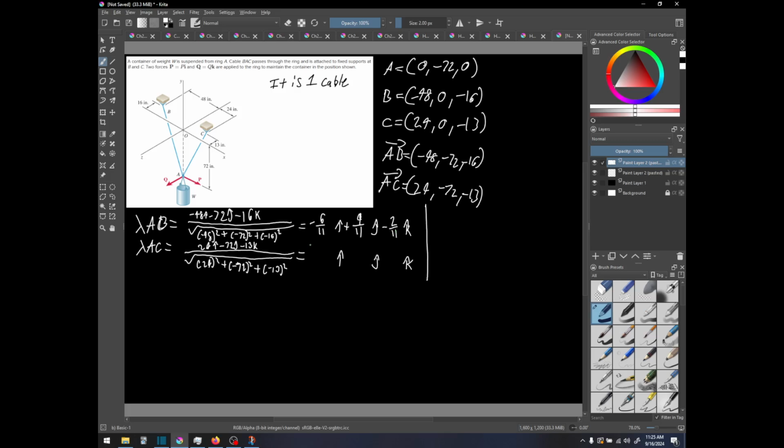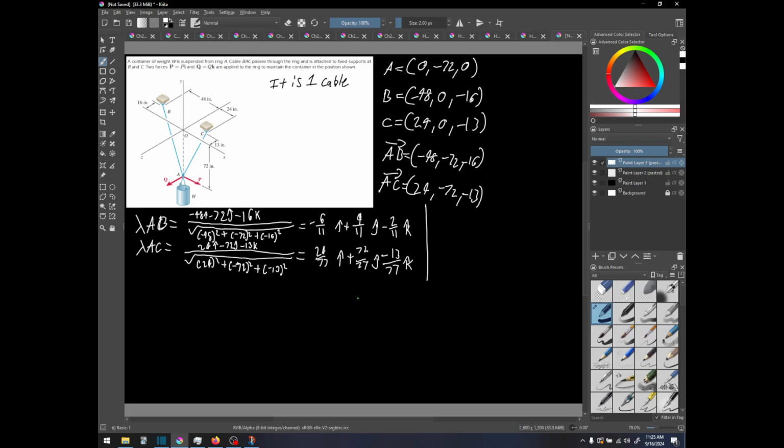And then down here, 24 over 77 minus 72 over 77 minus 13 over 77. Well, plus. We're finally noticing that j hat is negative and negative negative is positive, to my understanding.